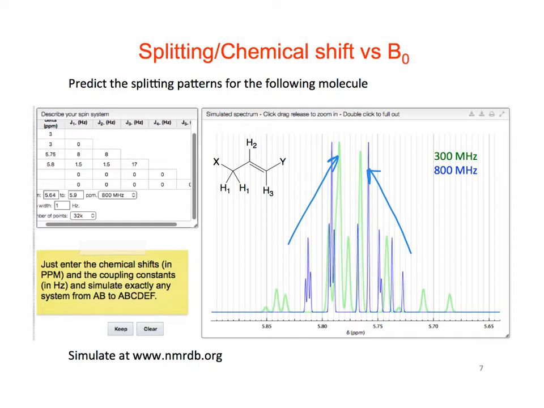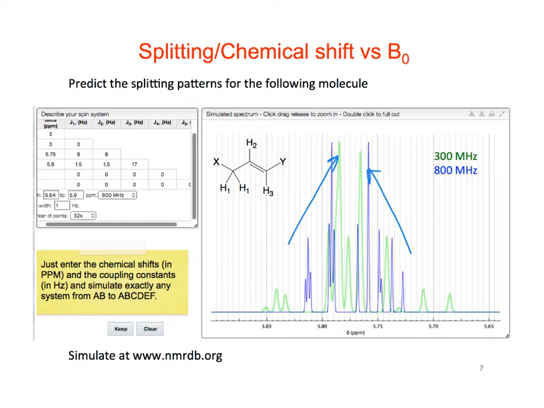Okay, so why is it that, when I set this up, both of these protons have the same chemical shift in the green spectrum and the blue spectrum? But look at how the green spectrum goes way out here and way out to here on this side.